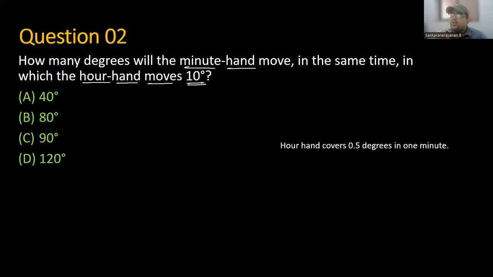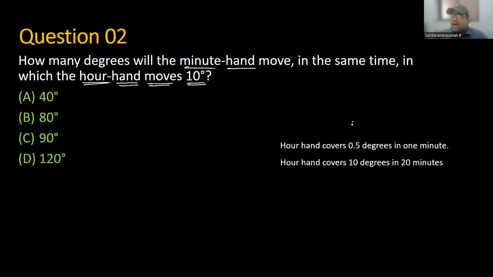The hour hand, we know, covers half a degree in 1 minute. Putting it the other way around, in 1 minute, half a degree gets covered. Now, in the question, it's given that the hour hand is moving by 10 degrees.